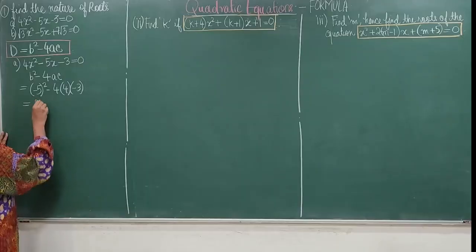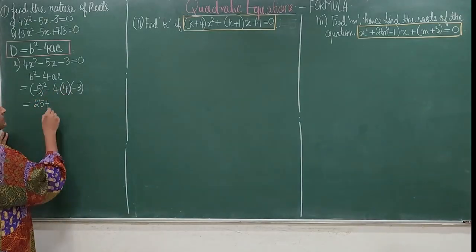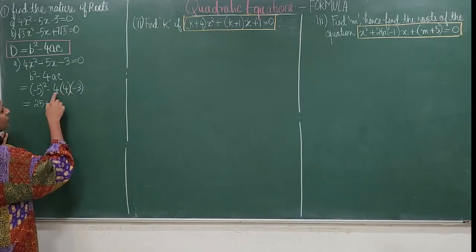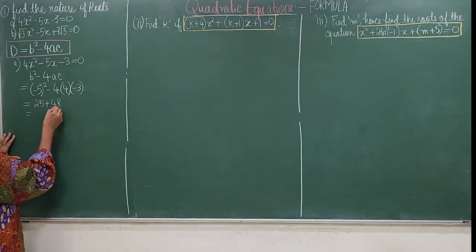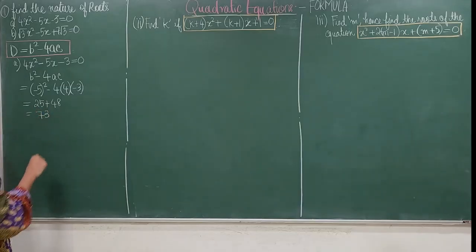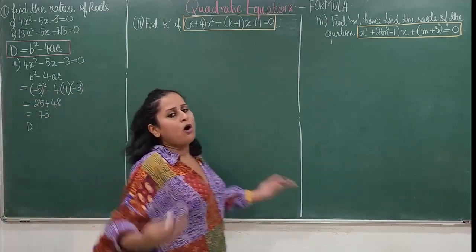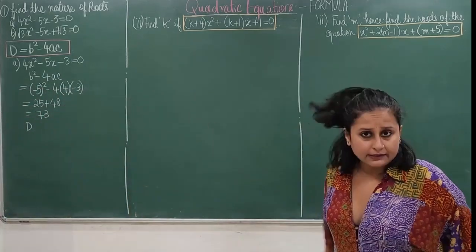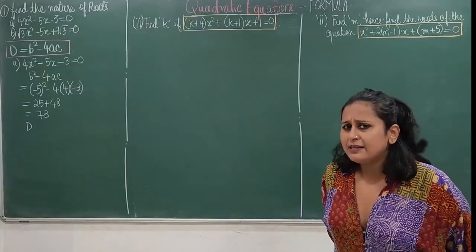So we have 25 minus of minuses plus 4 4s are 16, 16 3s are 48, right? So this is equal to 73. Tell me now, is the discriminant equal to 0, greater than 0 or less than 0? The value is 73. So b square minus 4ac is 73. So is 73 greater than 0?